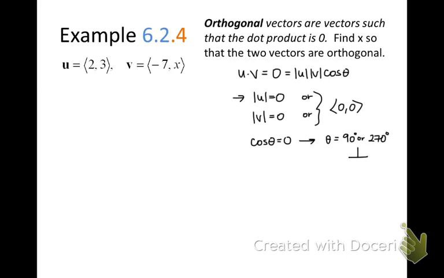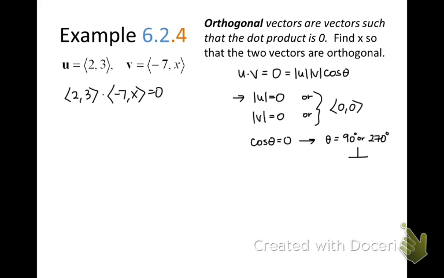Let's take a look over here. It says we want to find x so that the two vectors are orthogonal. So basically, you know that you want the dot product to equal 0, right? That's your setup: you want (2, 3) dot product with (-7, x) to equal 0.